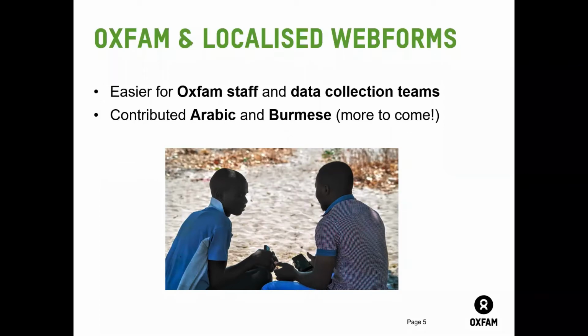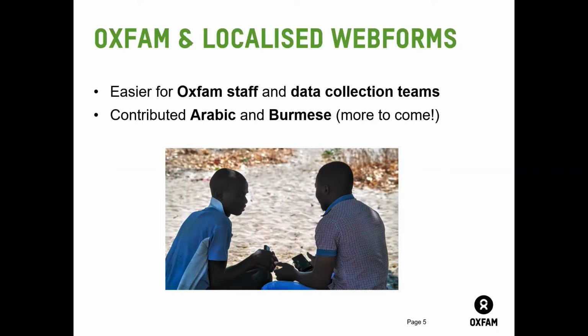Enumerators who don't necessarily speak or read English can fix those problems in their language of preference, which is really useful. So far, we've contributed Arabic and Burmese. We have lots of programs across the Middle East, so Arabic was a really useful one for us, and we have a big program in Myanmar as well.